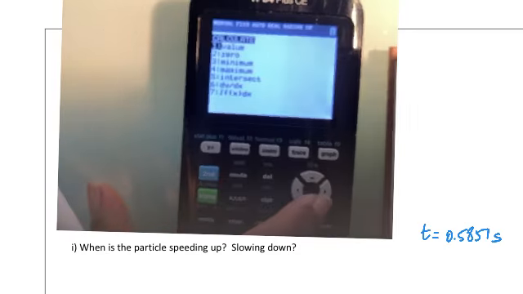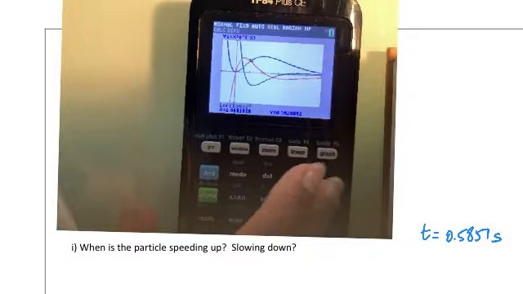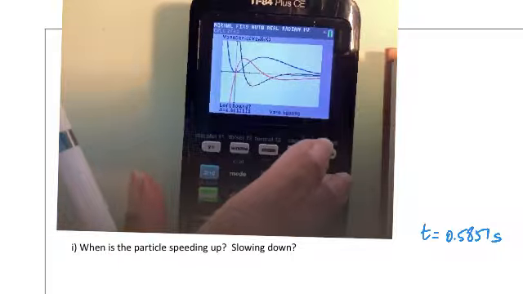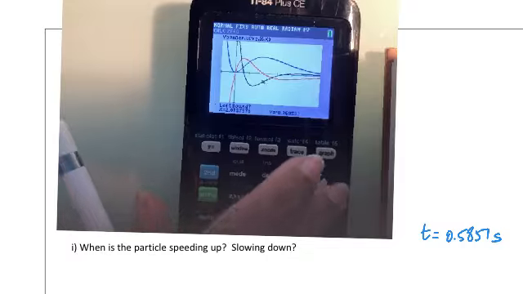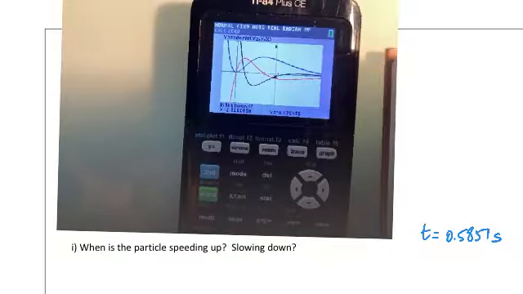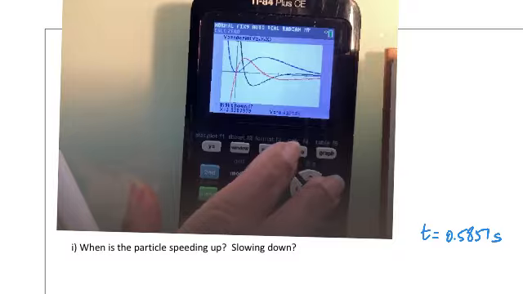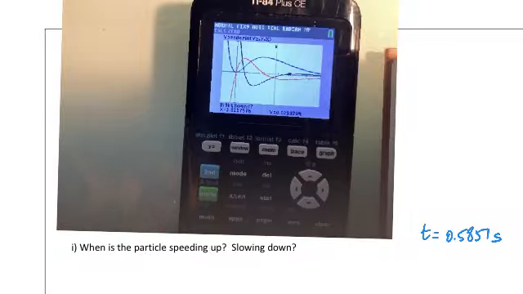And then if I do the other 0, first you have to be on the right graph, and then you have to go really close. Well, you don't really, but it'll be faster if you go close to the second 0, hit enter for the left bound, scoot over to the right of that, hit enter for the right bound, and then hit a third enter, and you should get your 0, which is at 3.414.